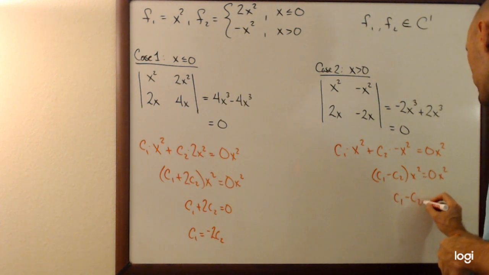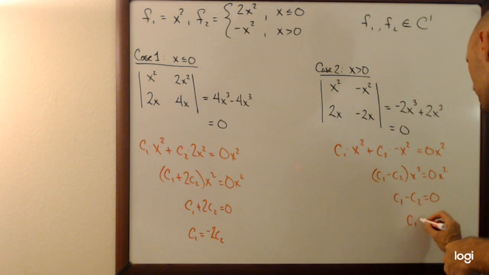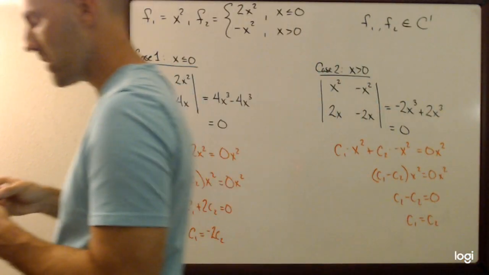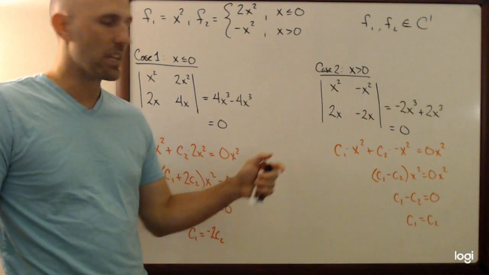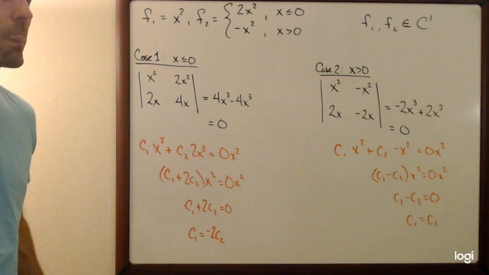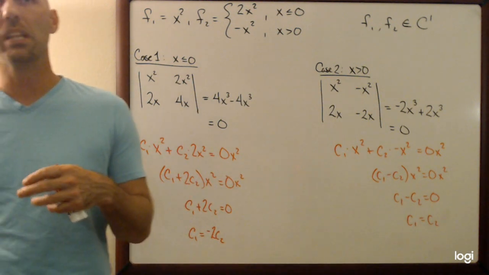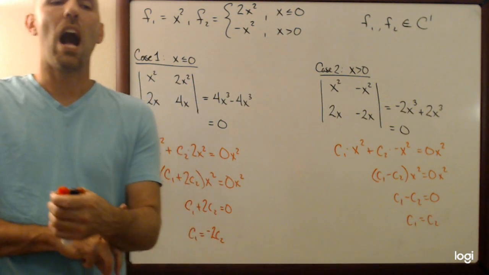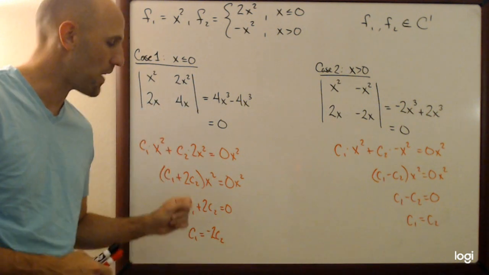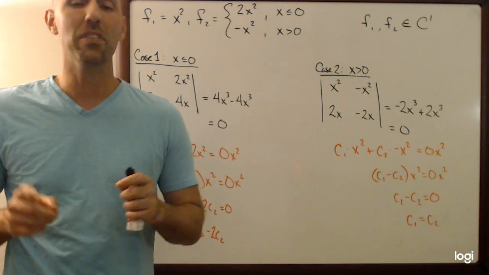C1 minus C2 equals 0, so C1 must equal C2. And again, any pair of coefficients satisfying that condition will work. What's the problem? In order for this to be linearly dependent, I would need a set of coefficients which satisfy both rules at the same time.